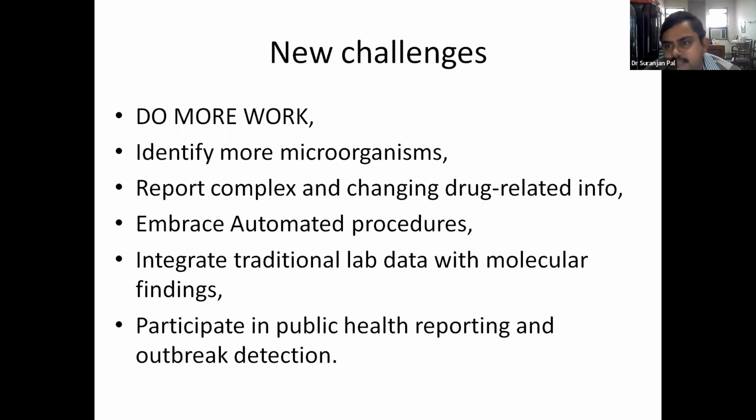We must always try to develop a biorepository and fully characterize the lab results, which will be of immense help in future planning of infection control management and newer diagnostics development. And participate in public health reporting, as we can easily see in the case of the COVID pandemic. Public health reporting is very important for outbreak detection.